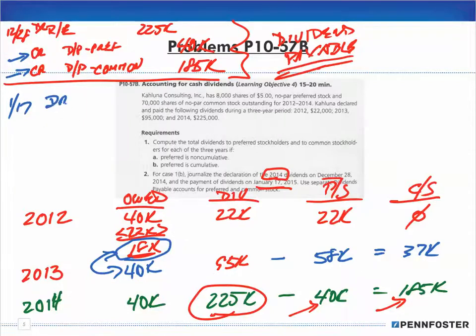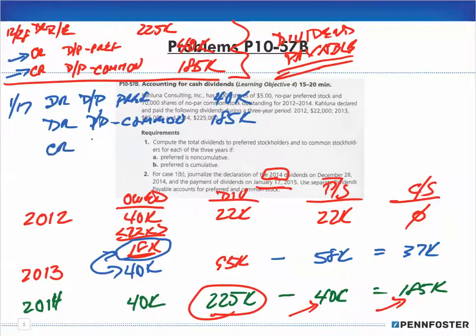So we're going to debit the dividend payable preferred for the $40,000, and we're going to debit the dividend payable common for the $185,000, and then of course we're going to credit our cash because we're paying it out for the whole $225,000. Okay, so notice that. So that's it for the journal entries. I mean, there's nothing else to say about the journal entry.